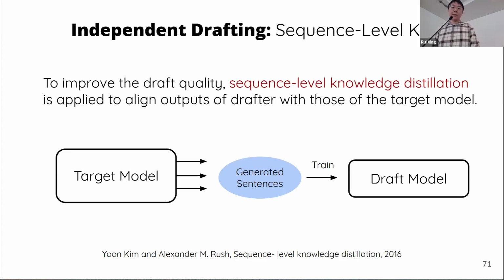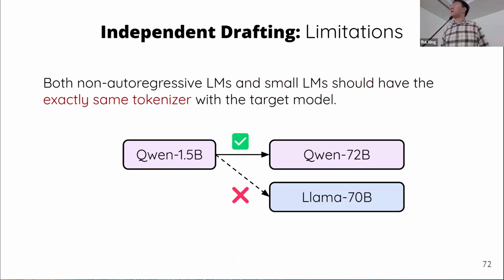After this sequence-level knowledge distillation, we still face a problem if we do not have a small language model. This is a limitation of our model-based, independent drafting methods. Both the non-autoregressive language models and small language models should have exactly the same tokenizer as the target model.